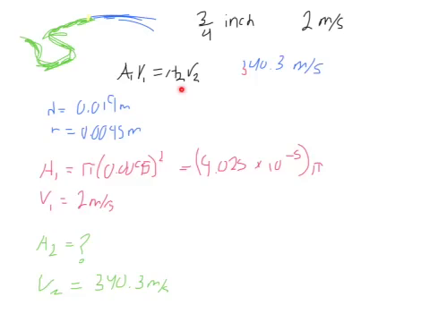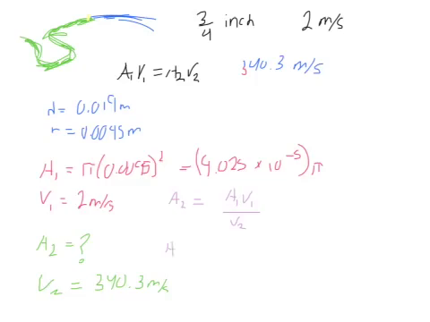So let's pick purple. A2 is going to equal A1V1 over V2. And we know all of these values.